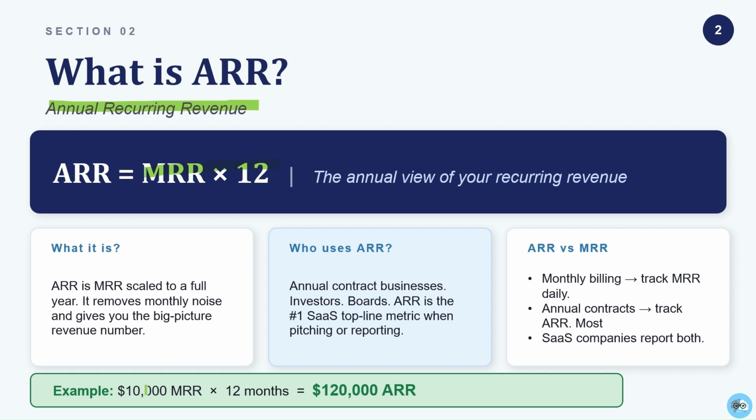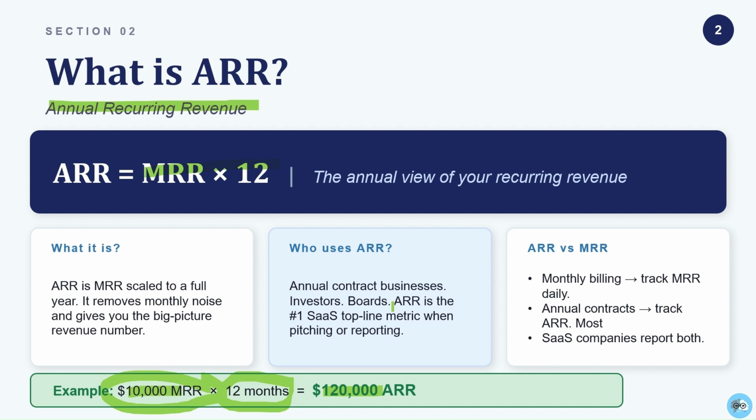If your business generates $10,000 as MRR every month from its subscription fees, then ARR is equal to MRR into 12 months. Therefore, our ARR comes as $1,20,000.